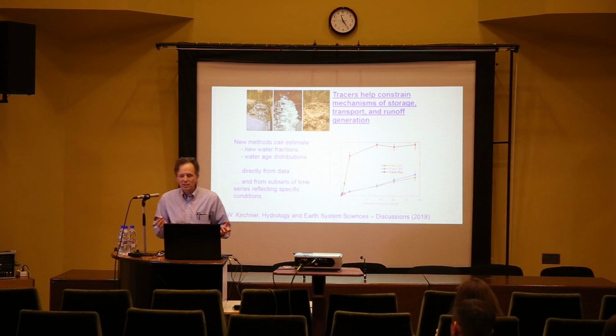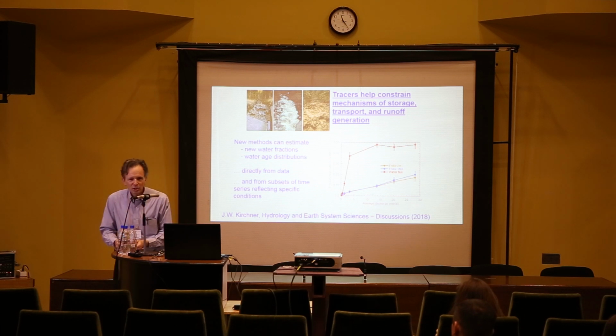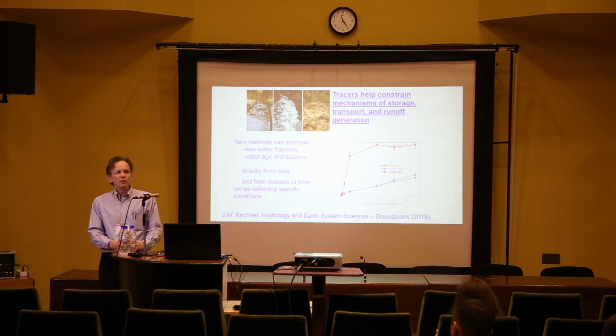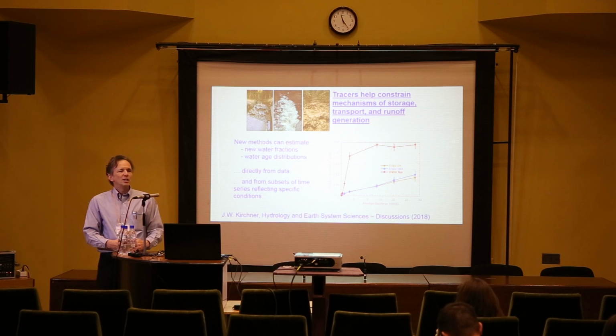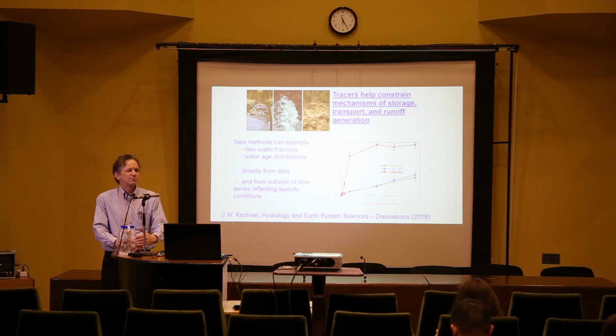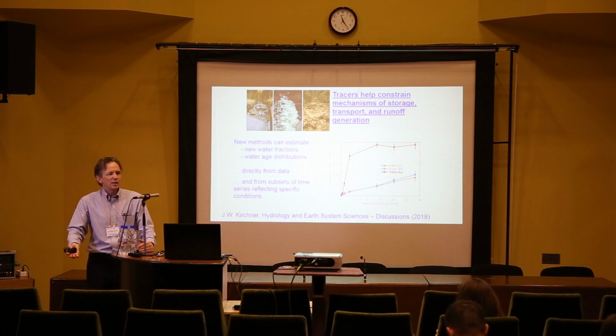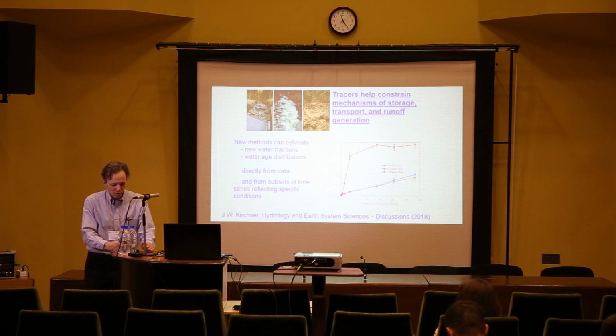We can now begin to ask questions like, how much of our water is a day old? How much of today's rainfall becomes stream flow today? Or conversely, if we get another millimeter of rain today, what fraction of that millimeter will be generated as stream flow today or tomorrow or the next day?